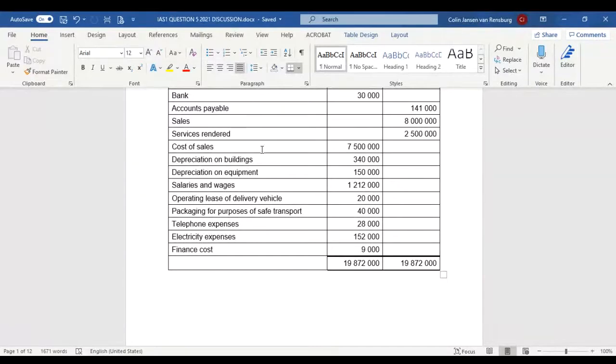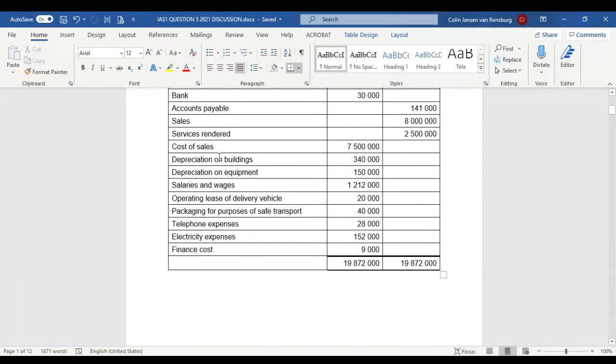As you know, that includes your opening inventory, your purchases for the year, your carriage inwards, and it deducts your closing inventory at the year end. If there have been any inventory losses or write-downs of inventory, it would include that, right? So your cost of sales is already a cost function.